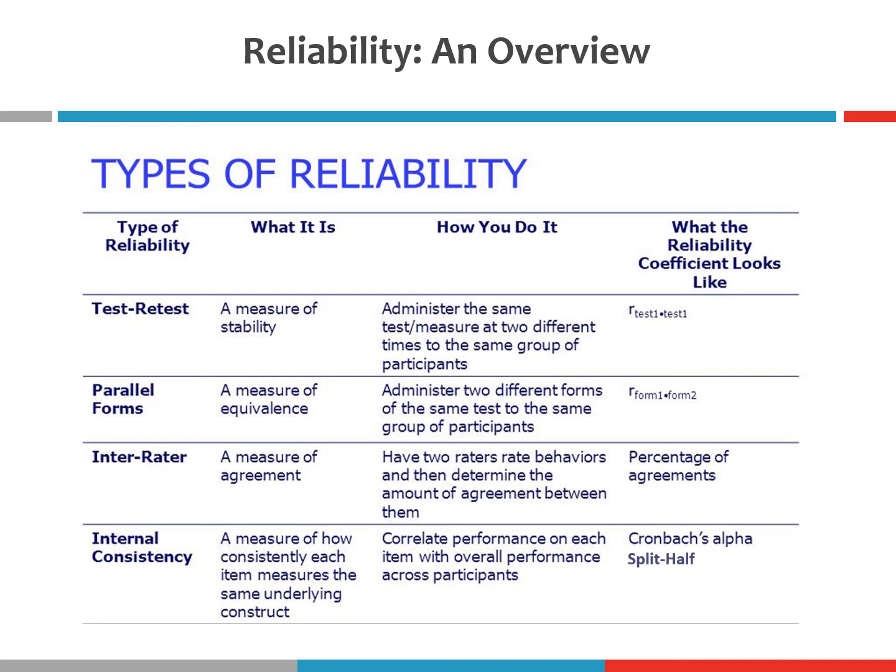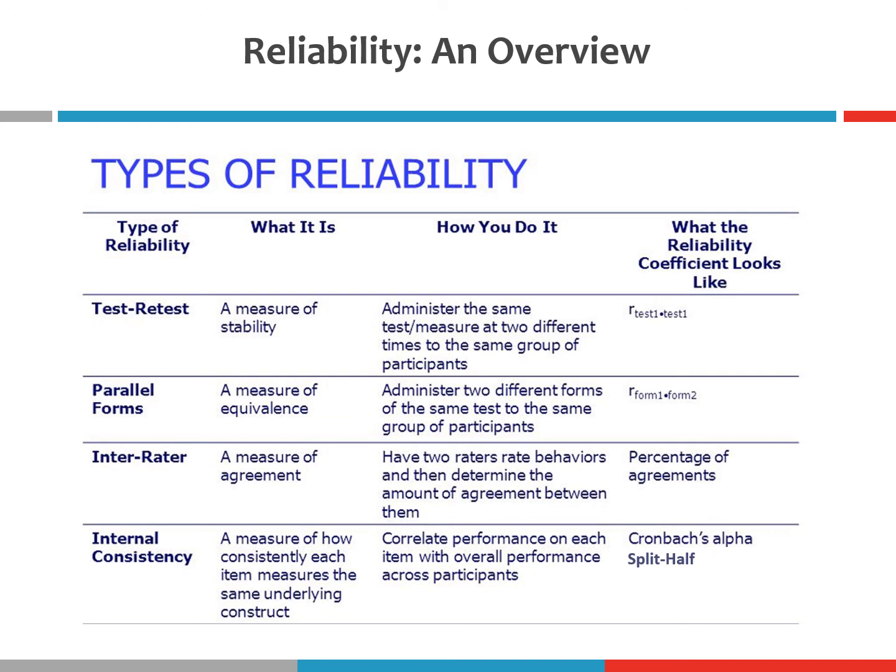So first we have test-retest reliability, and essentially the information that test assesses is it gives us a measure of stability, right?